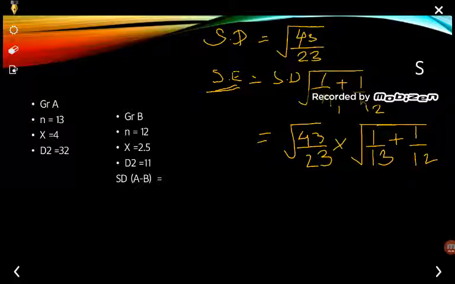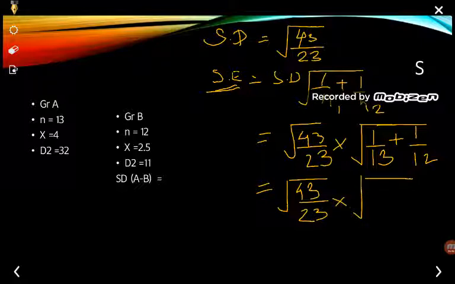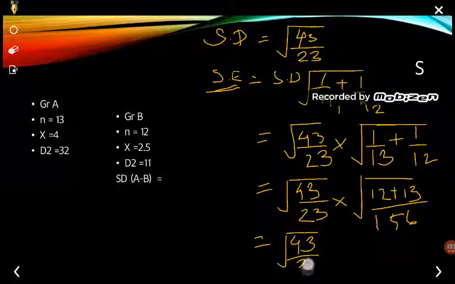After calculation, we will get the square root of 43 divided by 23 into the whole square root of 12 plus 13 divided by 156. This is the LCM. On calculation, we will get the value as the square root of 43 divided by 23 into 25 divided by 156.